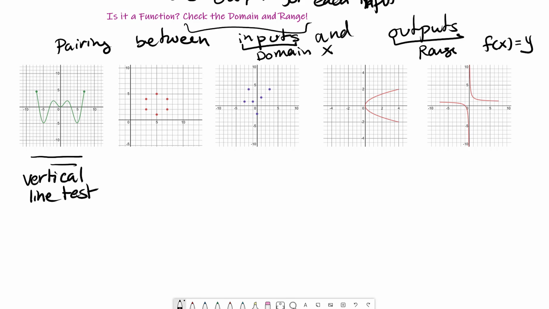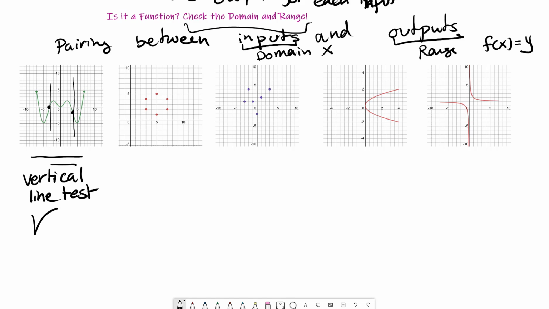What does that mean? We can put through the graph of the function vertical lines at different places, and we can see that at every one of these places, it cuts the graph of the function in only one point. So it passes the vertical line test.